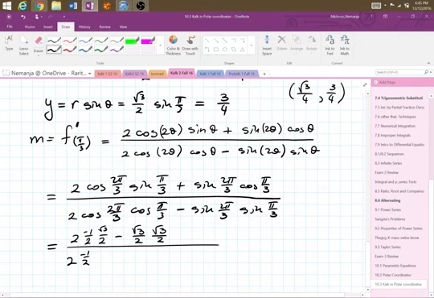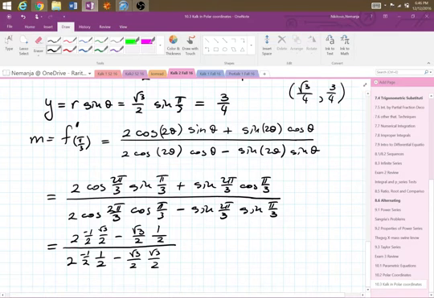Sine root 3 over 2, cosine root 3 over 2. 2 cosine, and then another 1/2 over here. And then minus the sine is root 3 over 2. And then sine of pi over 3 is root 3 over 2. And on top is a 1/2.